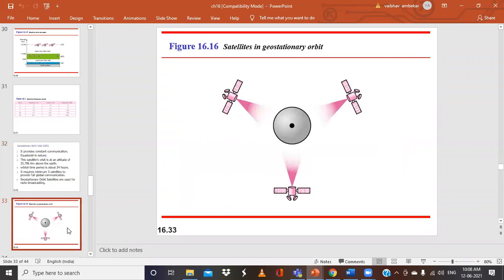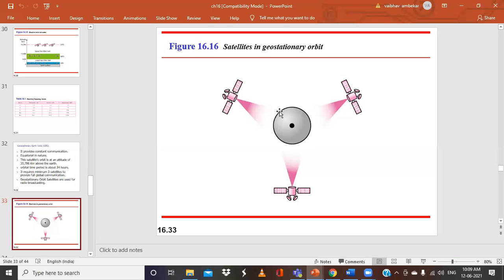For example, if you see here, this is how the geostationary satellites will be placed in the orbit. If we use only one particular satellite, the signal or footprint will be only at one particular location, as the Earth rotates and has its curvature.